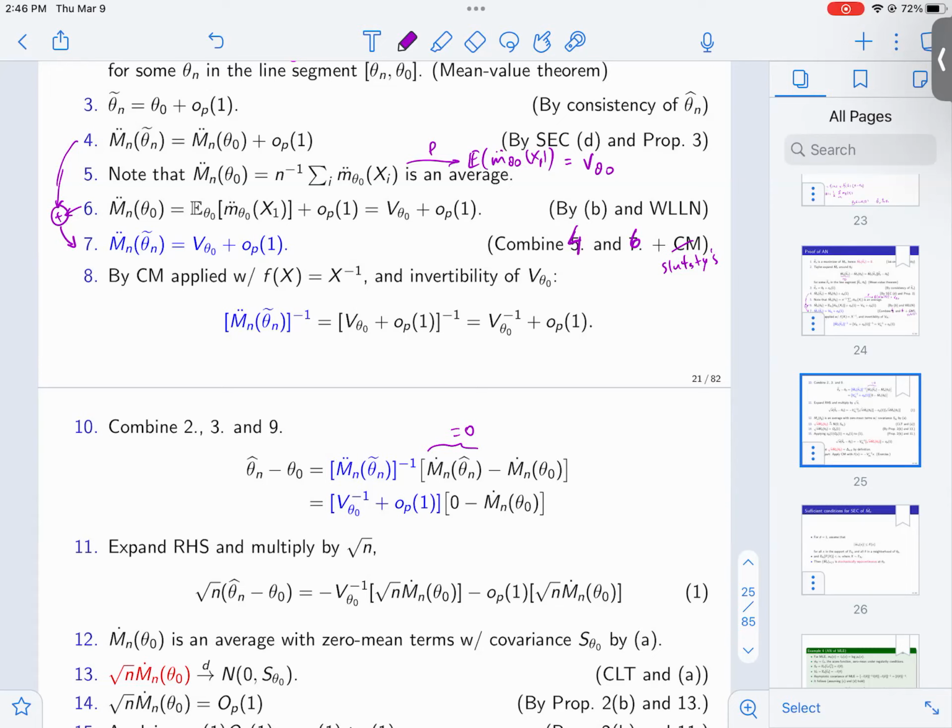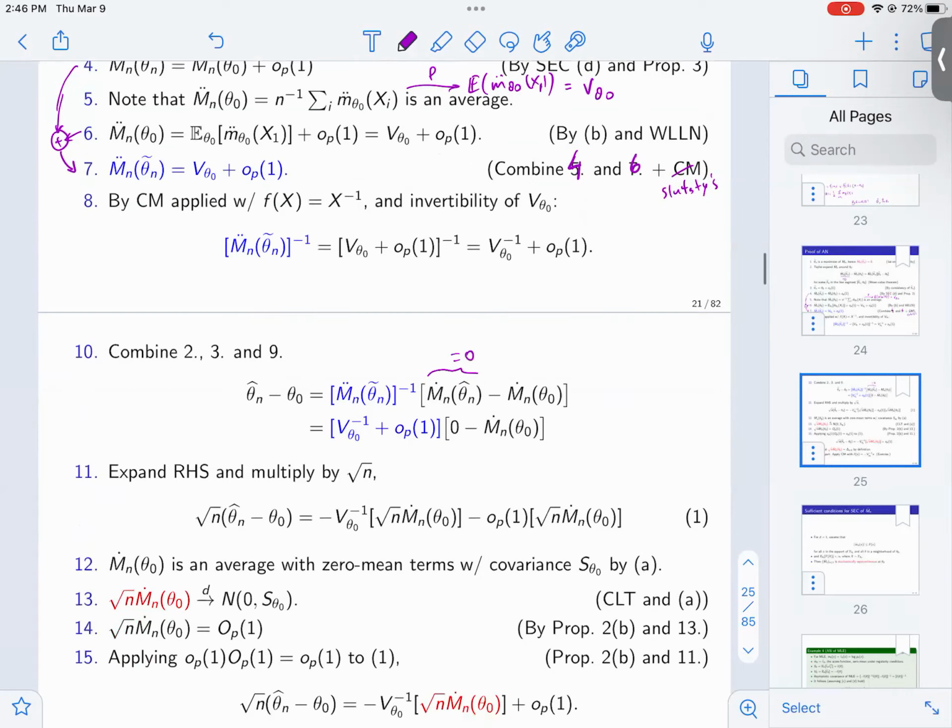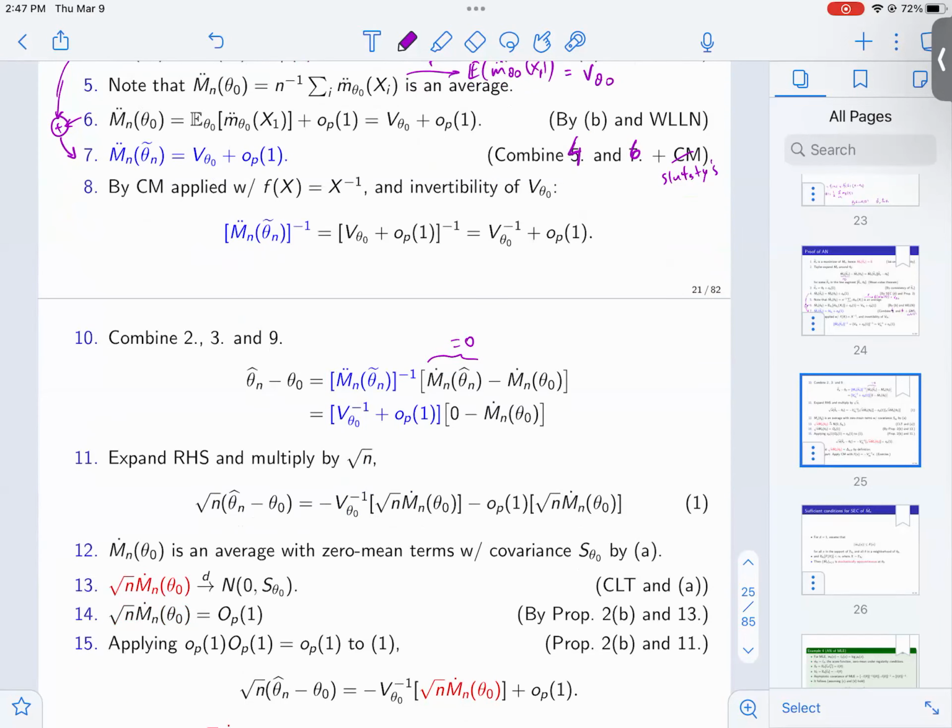If I multiply by root n, I get root n here. I move the root n inside. Let's see if I have it correctly. Yes, okay, so I can distribute, this is fine. So V theta naught, this is so far okay.